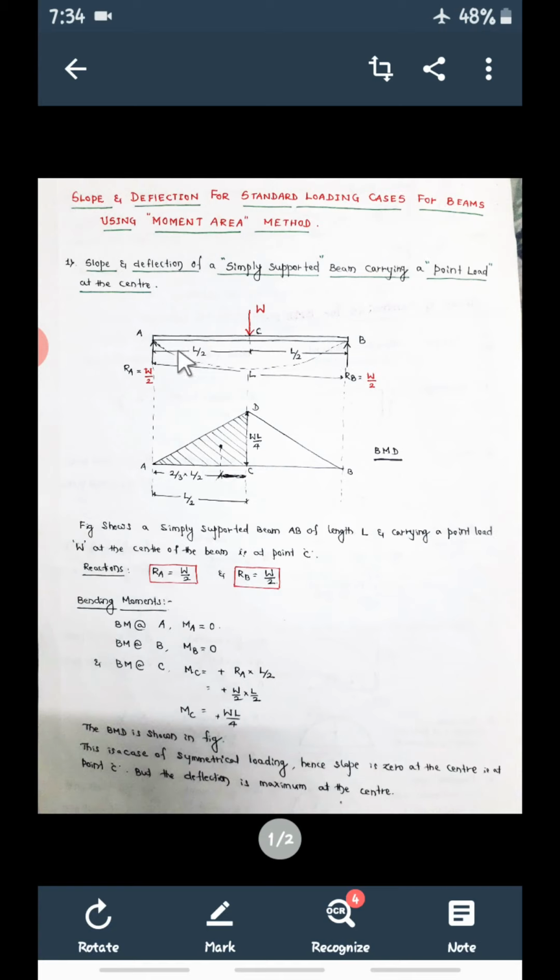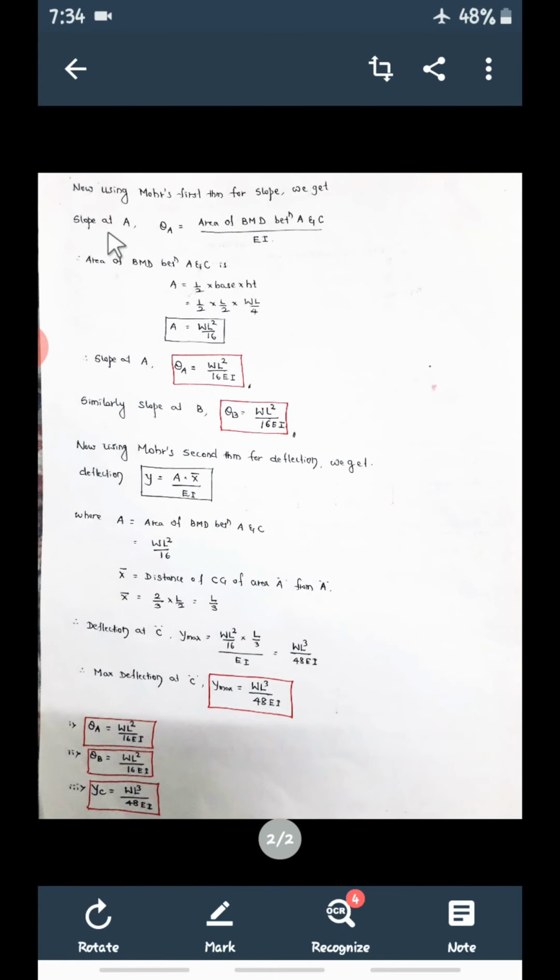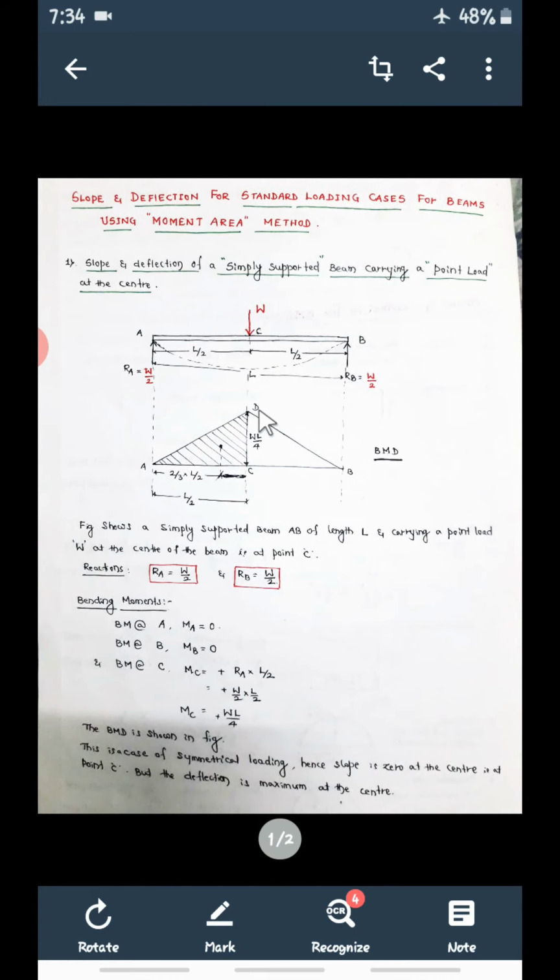So theta A, theta B are the same, so you can consider any one. So slope at A is equal to what this theorem states: area of bending moment diagram between A and C divided by EI. So area of bending moment diagram between 2 points divided by EI. Now since it is a symmetrical loading, we are going to consider only half portion of the bending moment diagram. This is the bending moment diagram now.